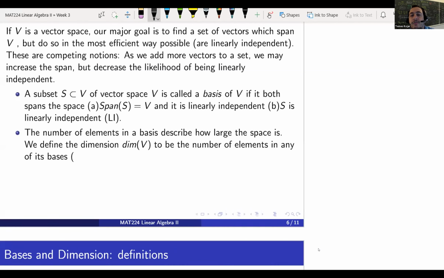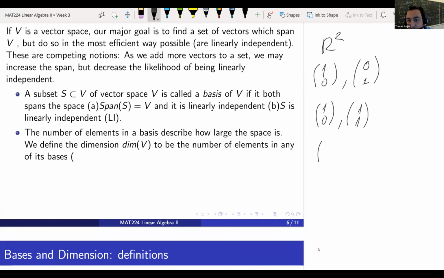So let's do R2 again, just more simply. So (1, 0) and (0, 1) is a basis. (1, 0) and (1, 1) is also a basis. What else? Is there anything else? Yeah, you can also play with these numbers. I guess you can have (1, 1), (0, 1), and so on.